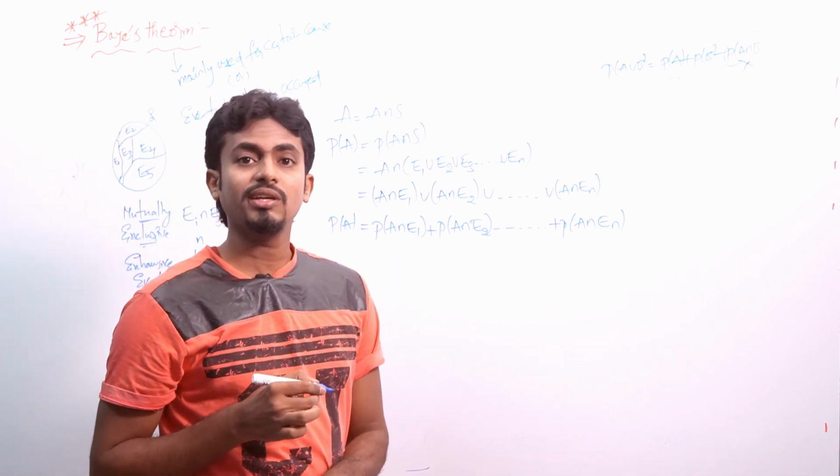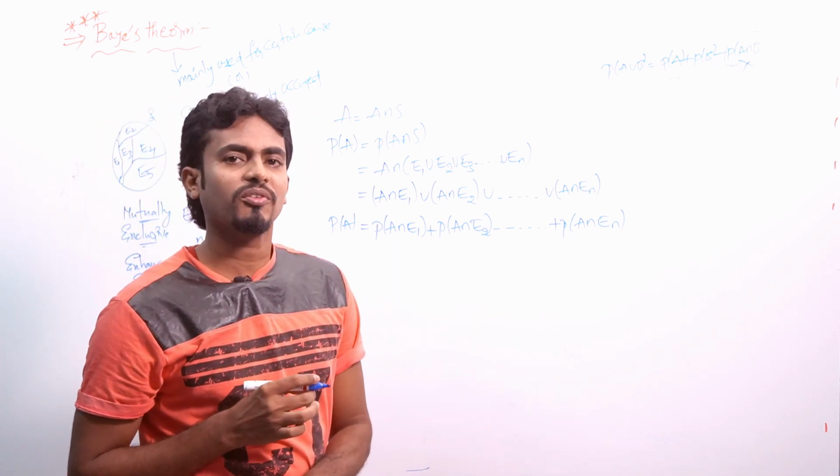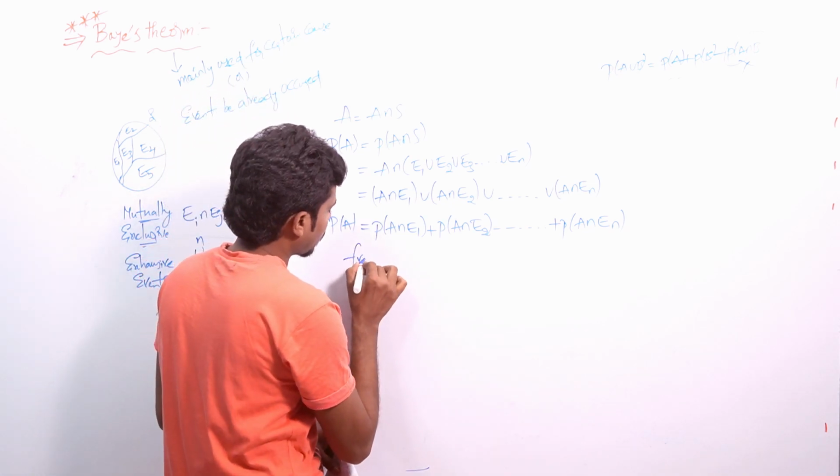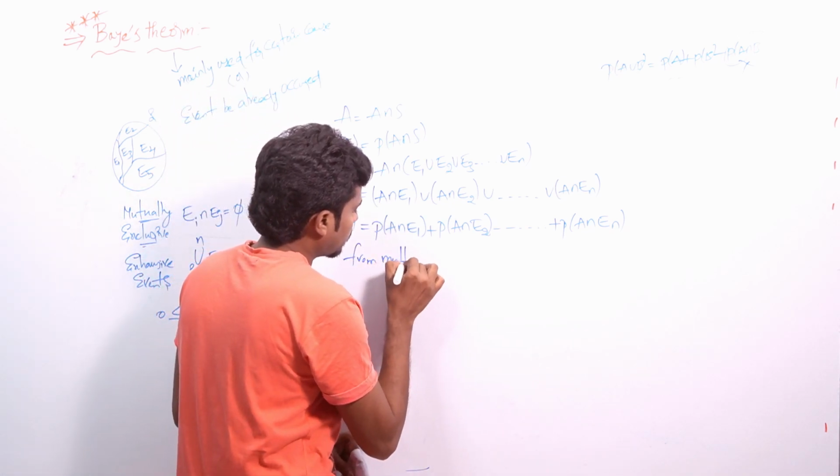From the multiplication theorem for dependent events, you already know the formula.